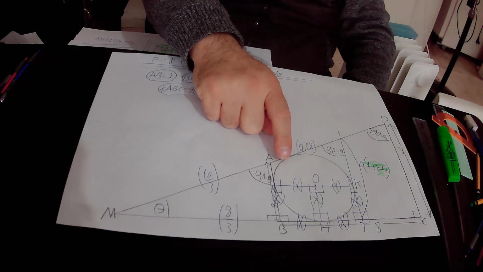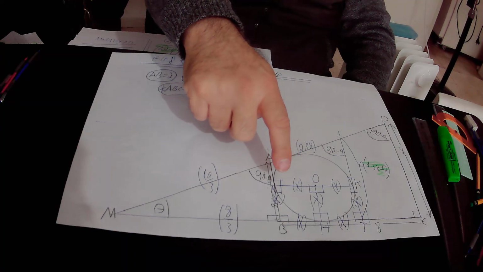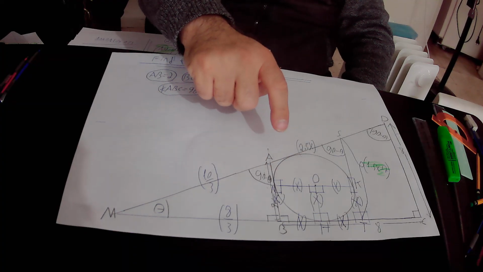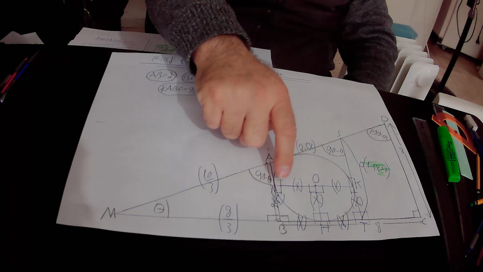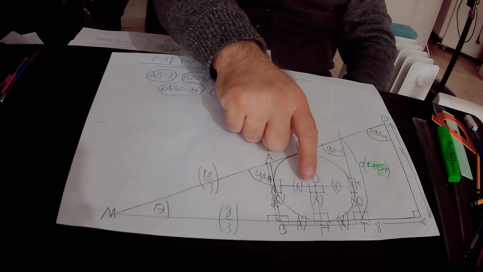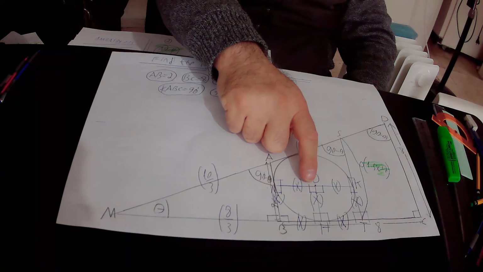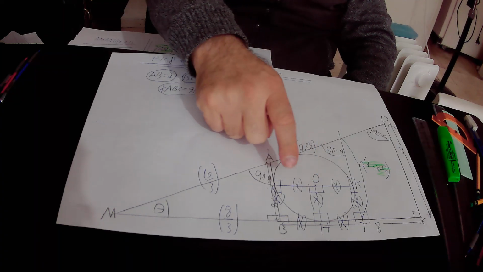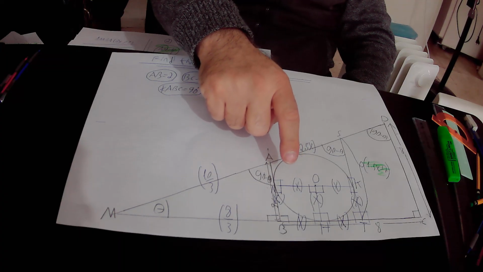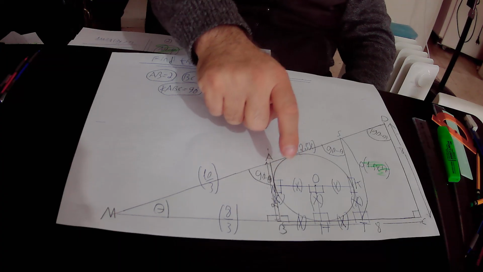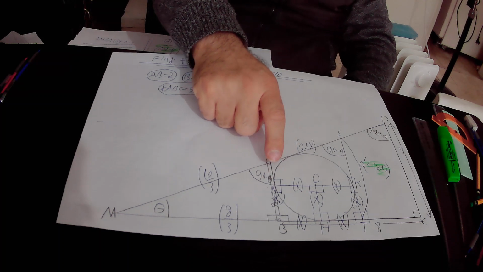We repeat the same process on this quadrilateral NOBH. In quadrilateral NOBH, we have 1, 2, 3 right angles, therefore the fourth angle must also equal 90 degrees. So inside quadrilateral NOBH we have 4 right angles, therefore it is a rectangle, and we know that the opposite sides of a rectangle are equal to each other.